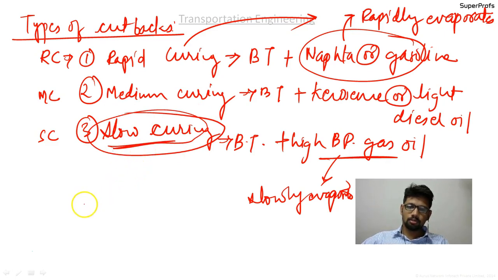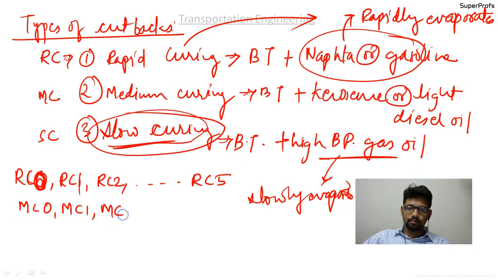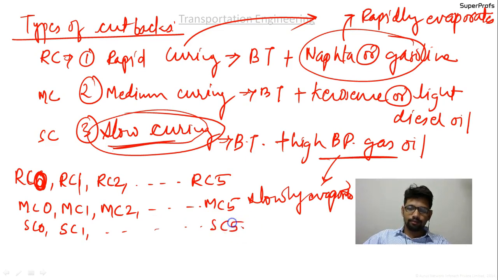Okay, guys. So let's discuss the nomenclature, that is rapid curing, and there will be a number: rapid curing 0, rapid curing 1, rapid curing 2. So this way, RC1, up to RC5. Similarly, medium curing 1, MC2 up to MC5, SC0, SC1, up to SC5.